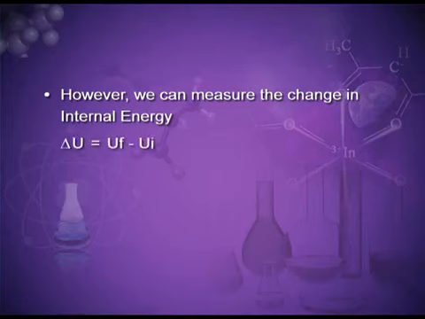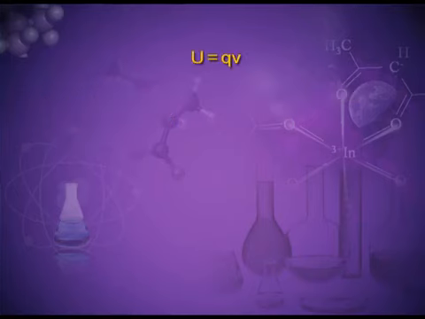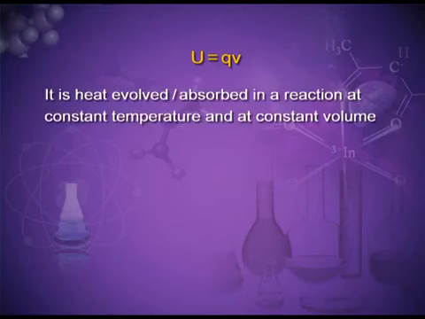Delta U is equal to U_F minus U_I, where delta U is the change in the internal energy, U_F is the internal energy of the final state, and U_I is the internal energy of the initial state. Delta U is equal to q_V. It means it is the heat exchange at constant volume.